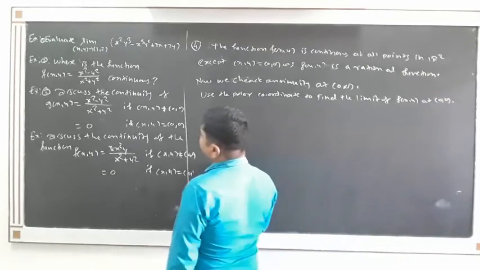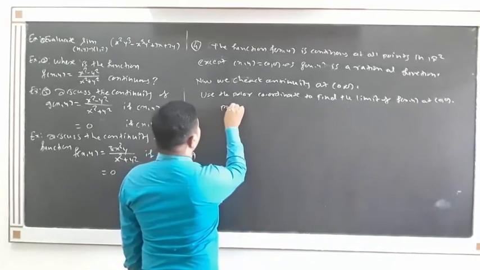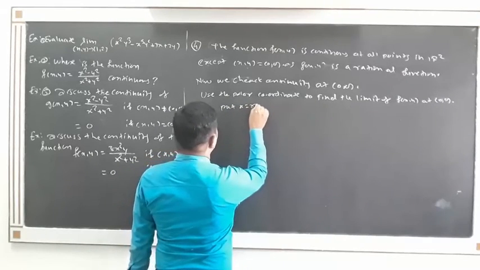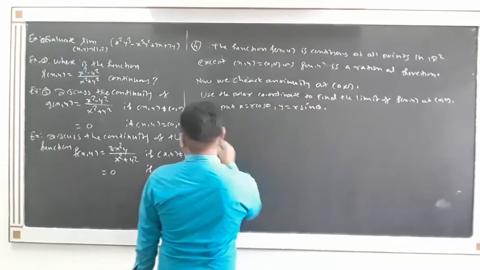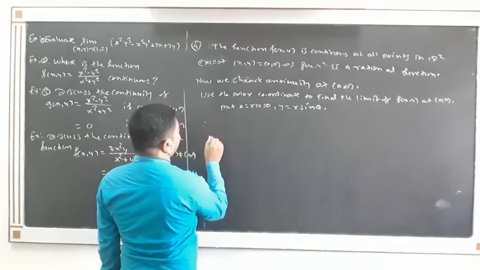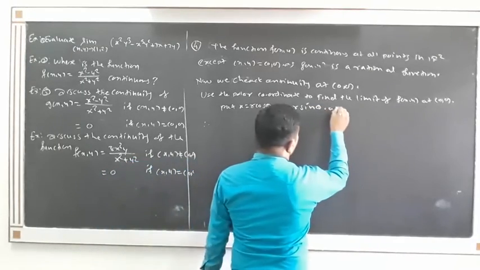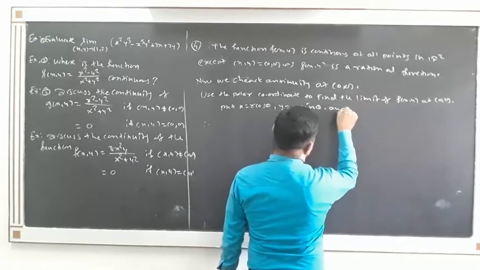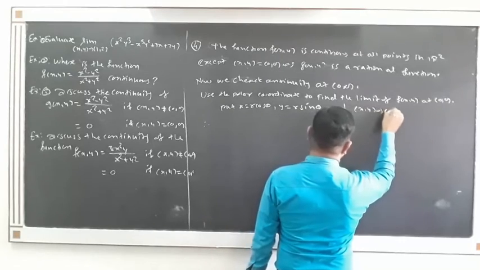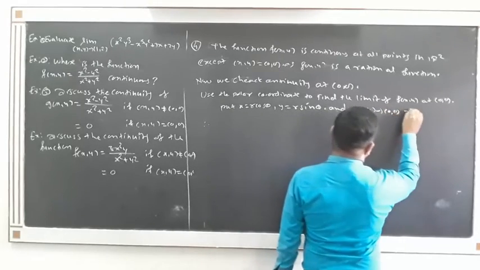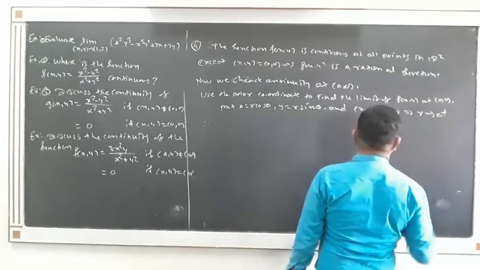In this method, put x equal to r cos theta, y equal to r sin theta, and xy tends to 0, 0 implies r tends to 0 plus.